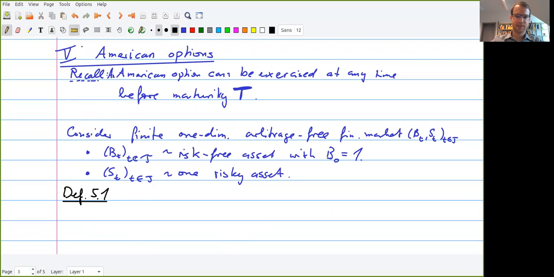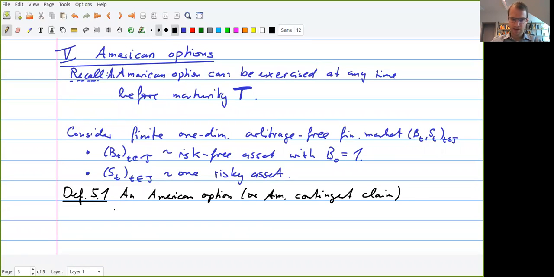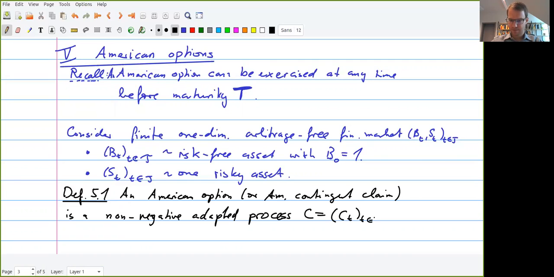So what is an American option? An American option, or American contingent claim, is a non-negative adapted process, C equal to, right?